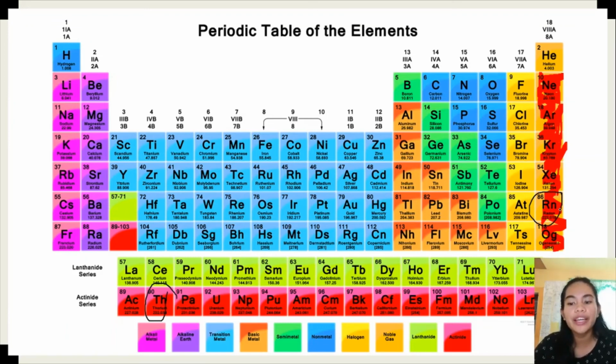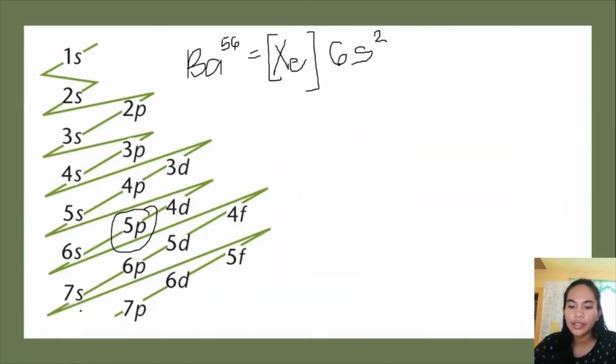And we're going to locate thorium now using radon as our reference. Thorium is the 90th element in your periodic table. So we're going to use radon. Radon is the 86th element.